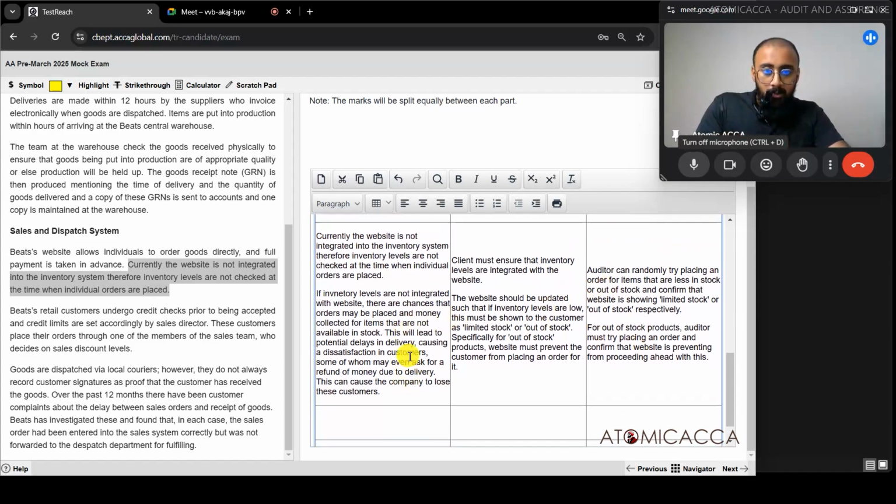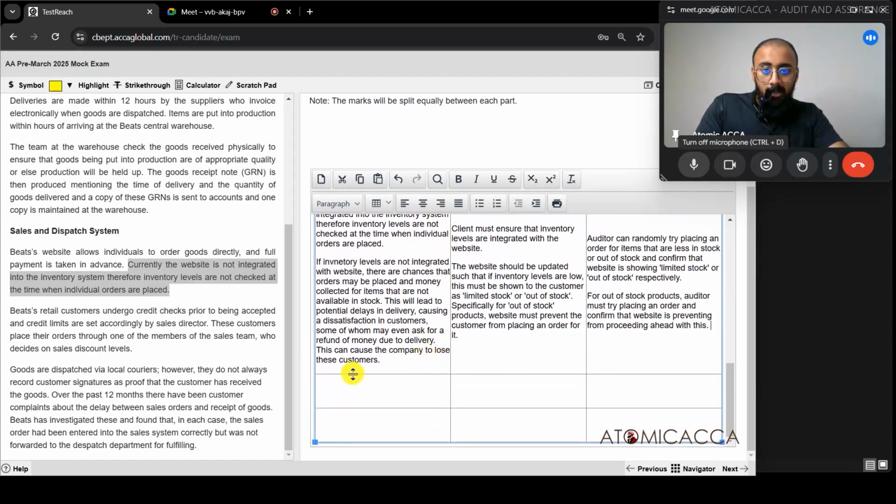So we're done with our third problem. So we're done with 1, 2, 3 and 9 marks are over. Let's go into the next one.